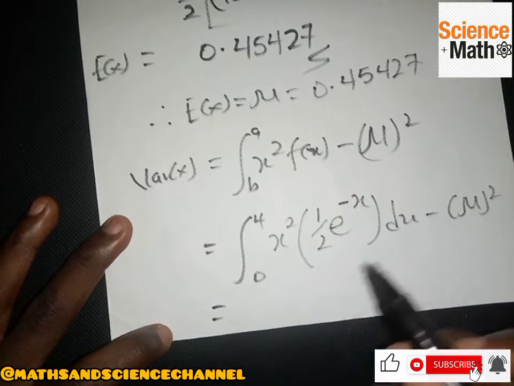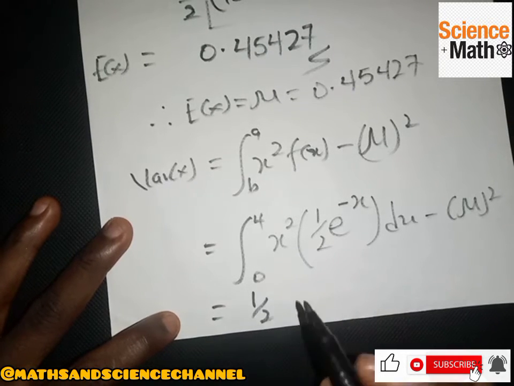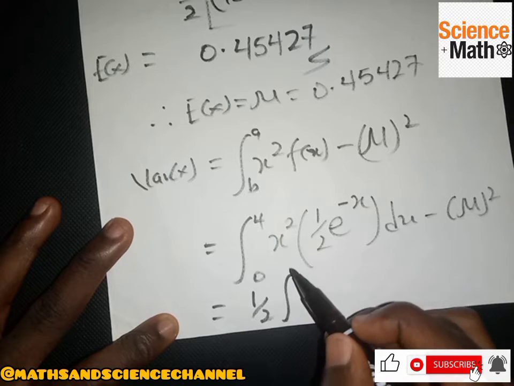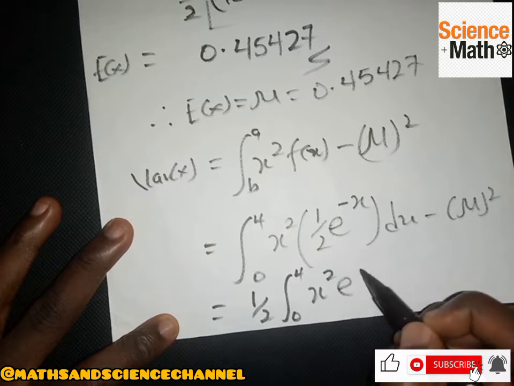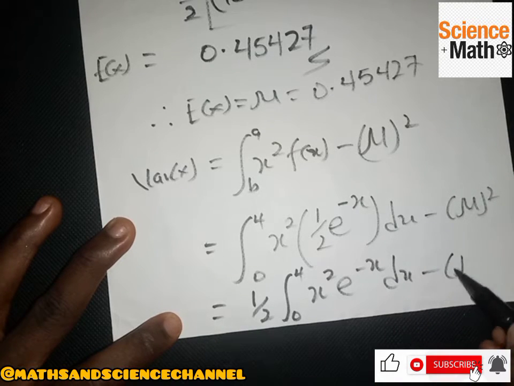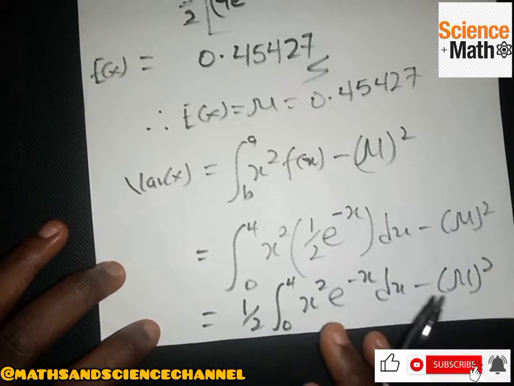From here we can substitute the 1/2 outside, then we are left with the integral from 4 to 0 of x squared e to the power minus x dx, minus mu squared. The mu squared is just the value we got for the first part.